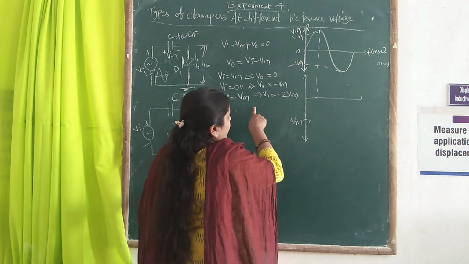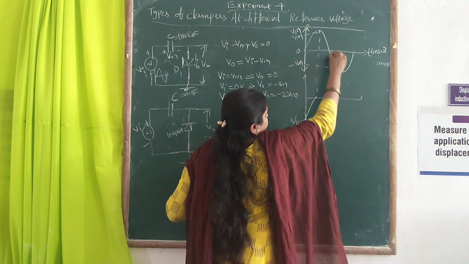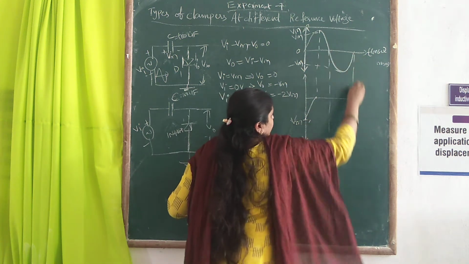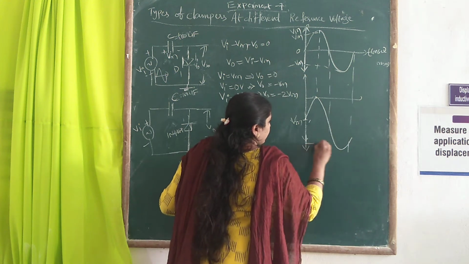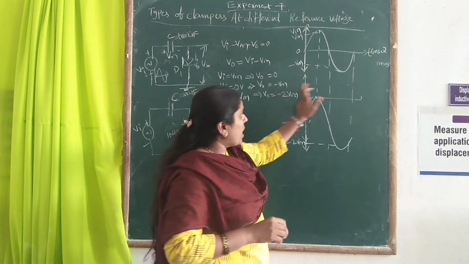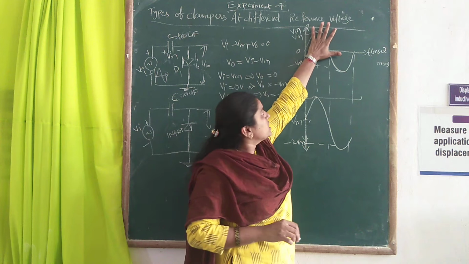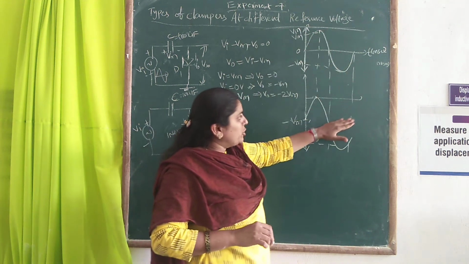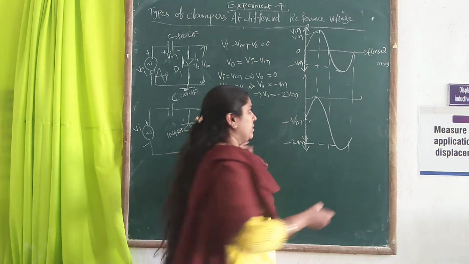Next, when Vi is equal to minus Vm, we get minus 2 Vm. So we get the waveform like this, with levels minus 2 Vm, minus Vm. So what we can observe here? Total positive waveform is clamped to negative side. That's why it's called a positive clamper.